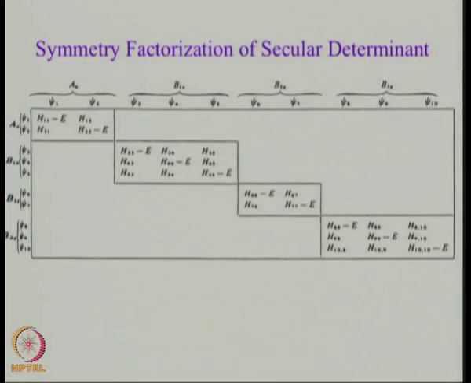But even before we get there, we had this huge determinant, 10 by 10. I hope it is not very difficult to see that instead of writing that 10 by 10 determinant, we might as well work with 4 different determinants, 2 2 by 2 and 2 3 by 3. Since you have done symmetry factorization, the functions of one symmetry do not talk to functions of another symmetry.